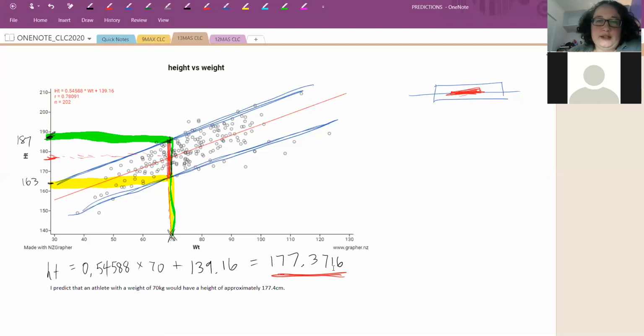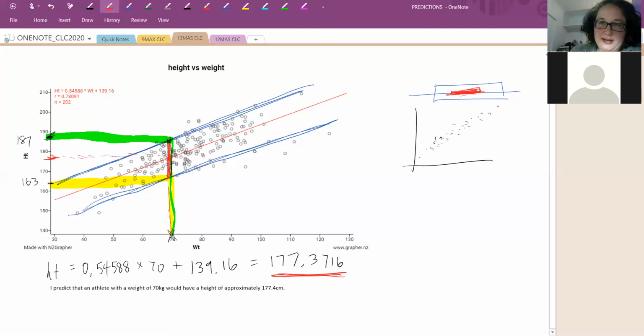Now, the reason that we do this is because depending on the strength of the relationship, I could have a scatter graph that has scatter that looks like that, and it's a really strong relationship.